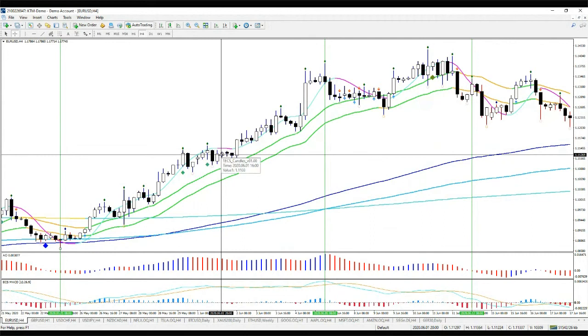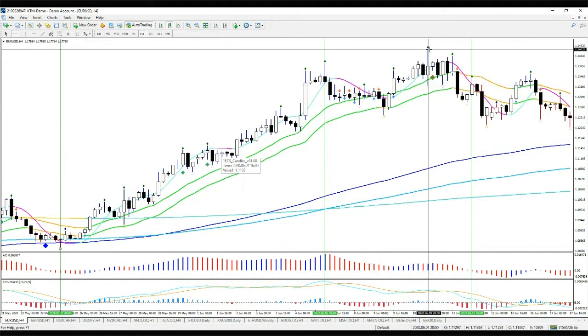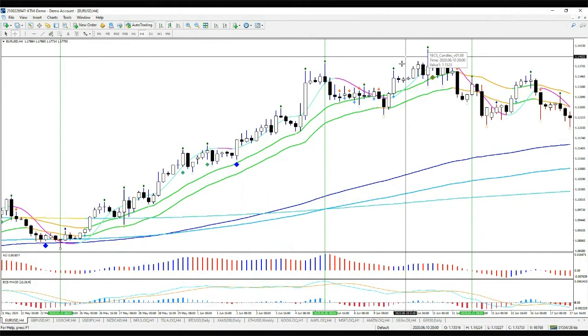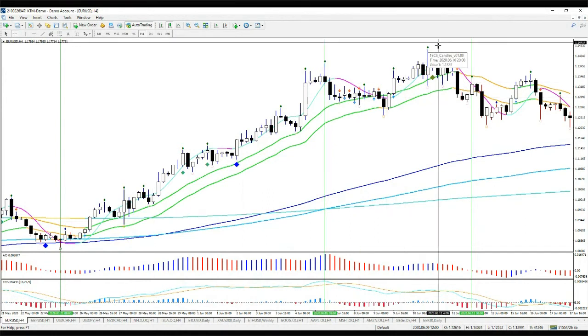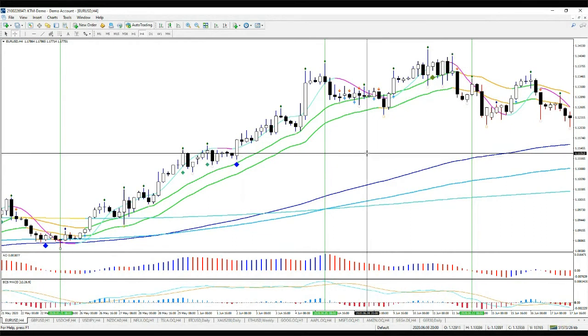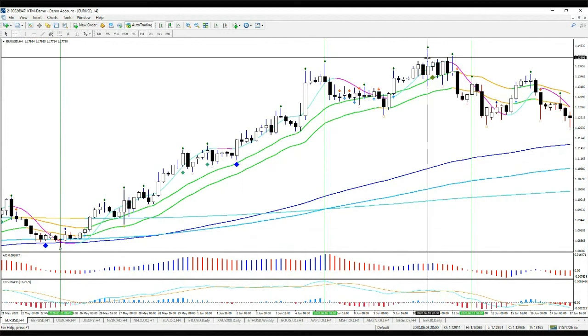Now, sometimes you're going to see some differences between one definition of price swing and the other. According to the awesome oscillator, this is actually all one swing up, all the way up to here. According to our time pattern rules, this is one swing, this is a second, and this is a third swing. According to the 21 EMA zone, this is all one swing up, all the way to the top.